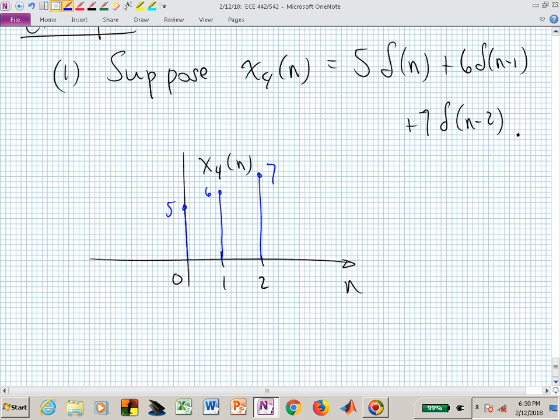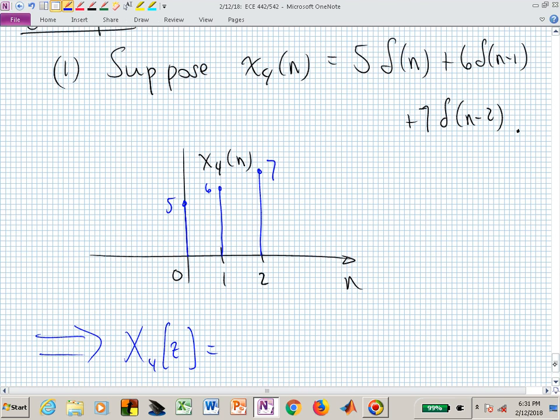So now, let's look at what's the z transform of this. If you couldn't quite remember, you could just plug in the definition. Each of these numbers only exists at one point in time. And where does that 5 exist? When little n is equal to 0.